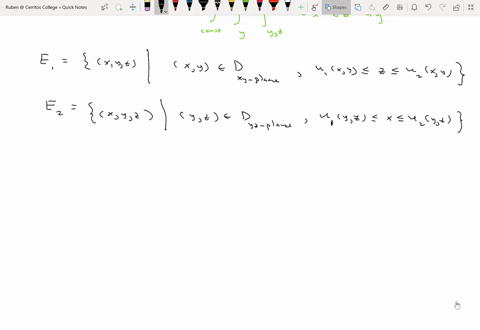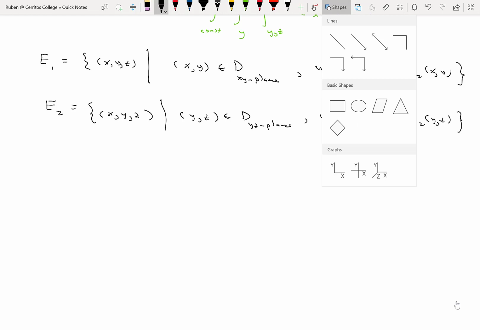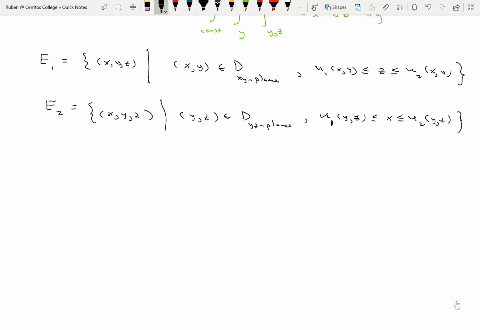I'll make my best attempt at drawing that. So bear with me for a minute here. I'm going to attempt to draw a surface in front.